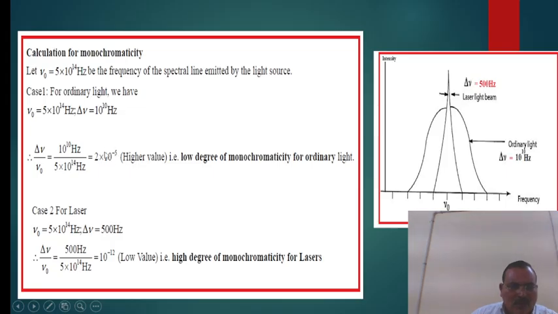This is the higher value of this term, this is the lower value of this term, and the reverse is the case for the degree of monochromaticity. For ordinary light we have a low degree of monochromaticity, for lasers we have a high degree of monochromaticity. Hence we can also prove our third statement that laser light is highly monochromatic.